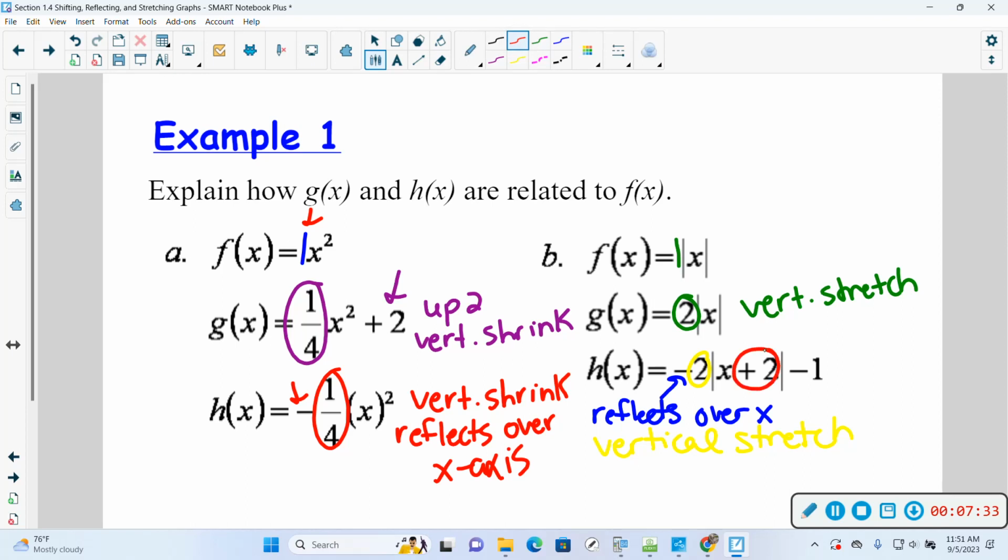Now that is in the absolute value brackets with the x, so that changes it horizontally. Plus 2 makes it move right 2. Or sorry, left 2. That's what I meant to say. Left 2, opposite of what you would think it is. Left 2, there we go. And the easy part, of course, here, -1 makes it move down 1. The back. There we go.